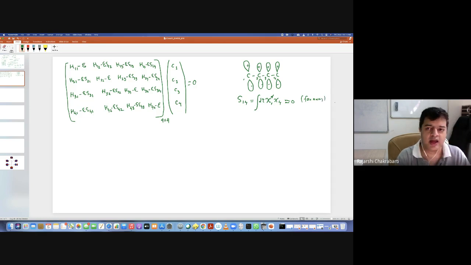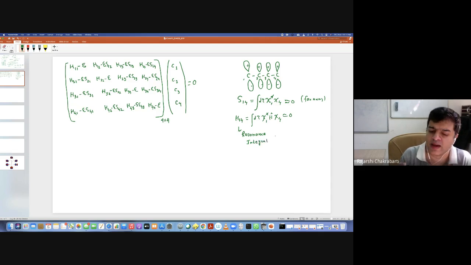And not only S14, what about H14? H14 is also this integral, and I am also considering this to be 0. Now these integrals, H14, H12, are called resonance integrals.